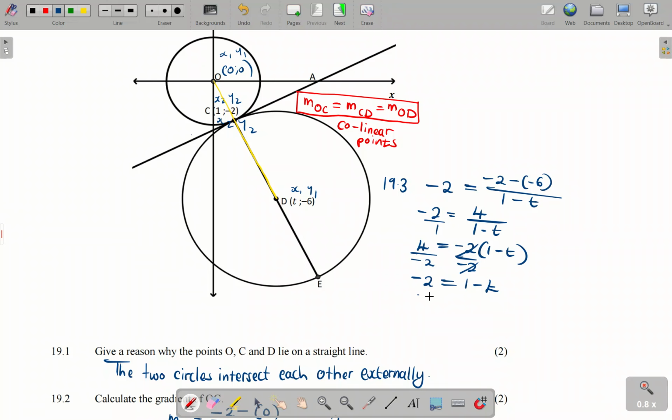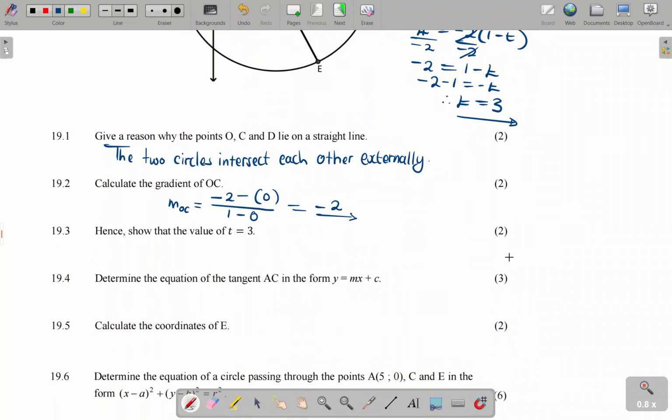Take this to the left, I'll have -2 minus 1 equals -t. Therefore, t is simply 3, because -2 minus 1 is -3. Multiply both sides by negative, you'll have a positive 3. So t is equal to 3.